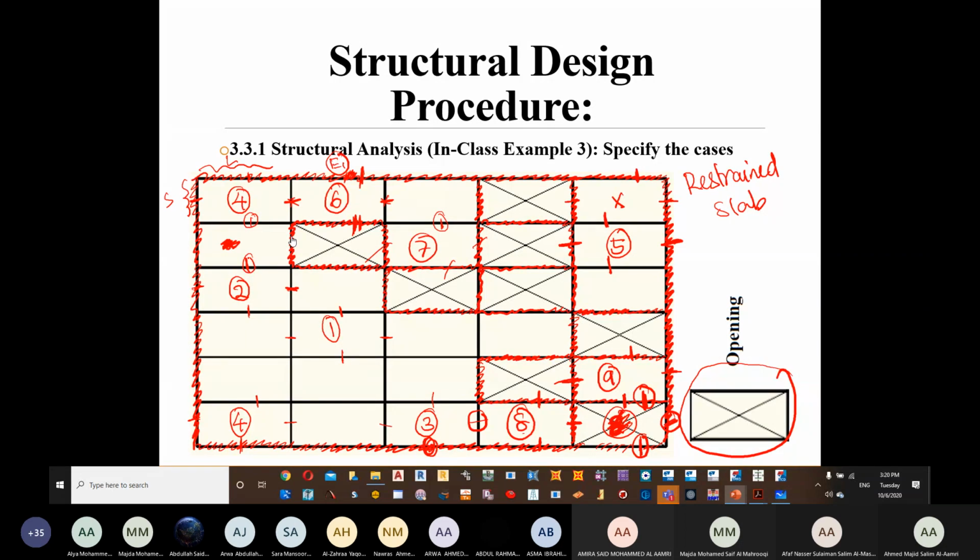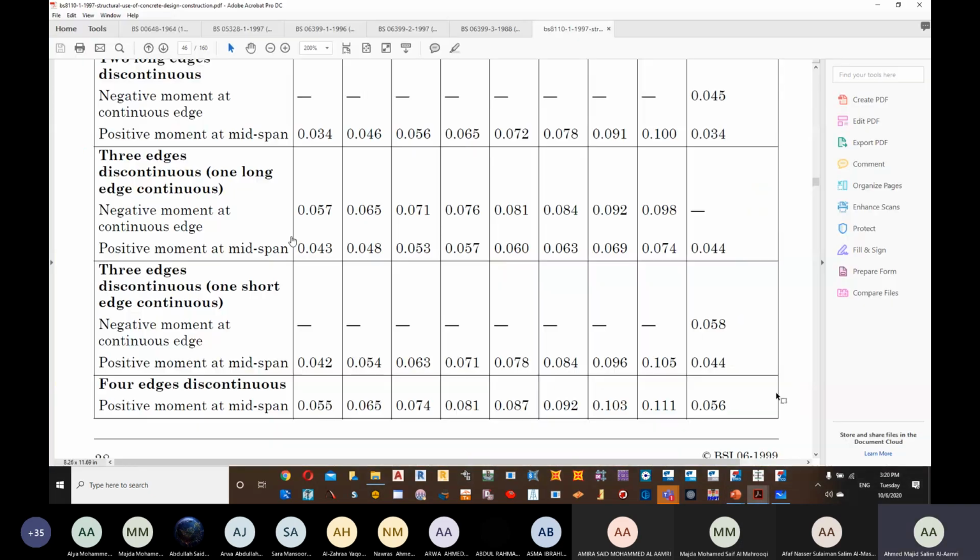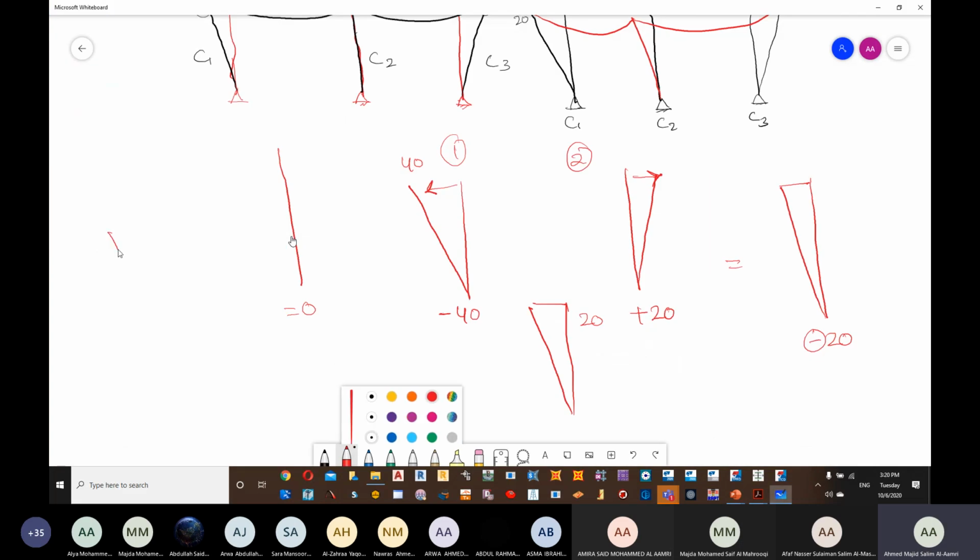Okay. Now you should know how to classify the case. You can see here the bending moment coefficient. If you remember, we talked about it, when we said moment is equal to beta multiplied by W multiplied by n square.